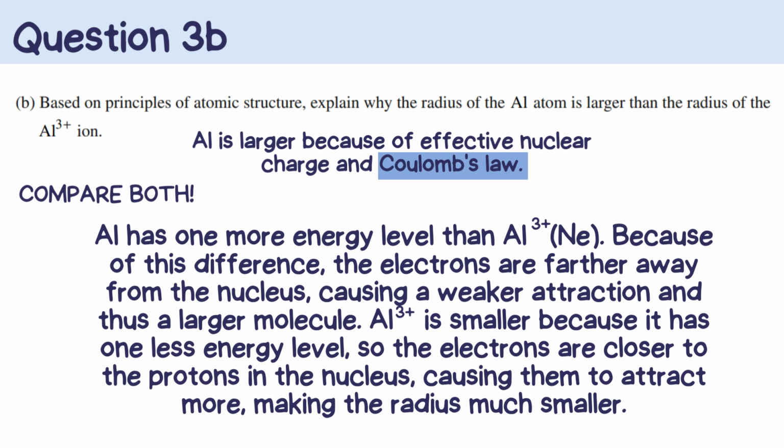You don't want to only say why aluminum is larger, but you also want to mention why aluminum 3 plus is smaller. To give a reason, you can say that it has one less energy level, so the outer electrons will be closer to the nucleus, which is full of protons, and the force attracting them will be a lot stronger, making the entire radius of the ion smaller.